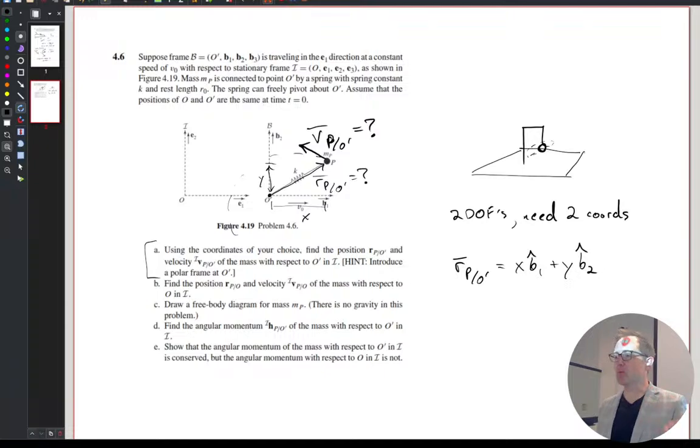It's going to add some work down the line, because now we're going to have to do a lot more trig and maybe some trig identities, because we're taking a square coordinate system and jamming it into this rotating coordinate system.